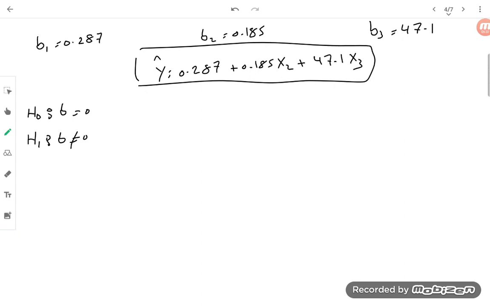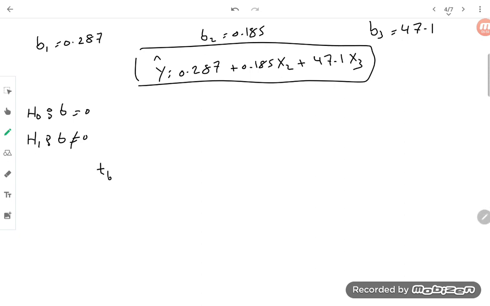If you accept H0, it means that the parameter is insignificant. And if you accept H1, this means that the parameter is significant. We are going to repeat the test 3 times for b1, b2, and b3.